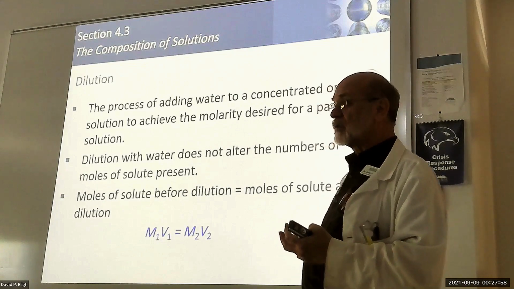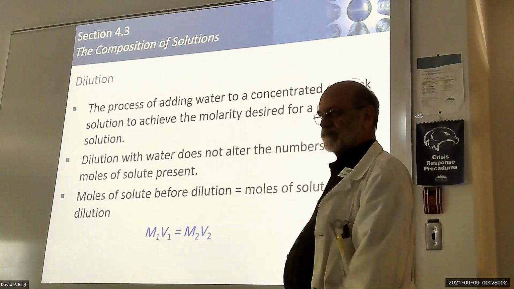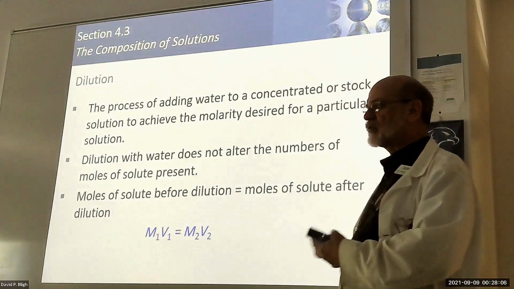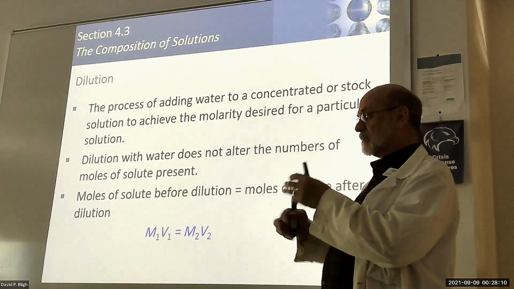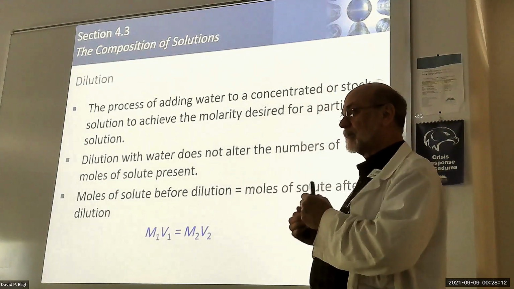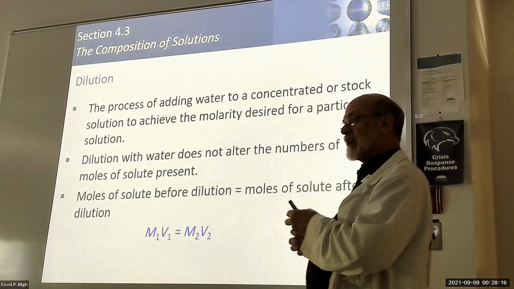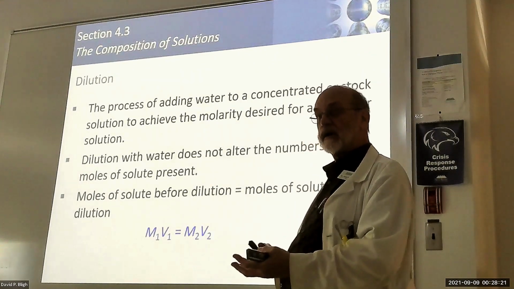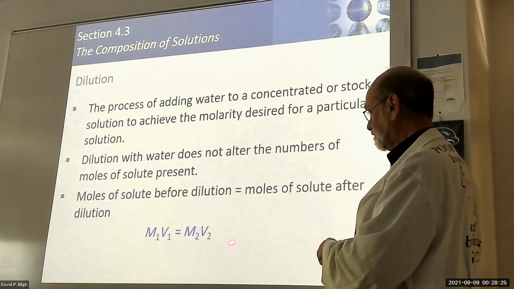And to make up enough solution on the spot would just be too much trouble. So we would make a concentrated stock solution of the correct ratio of ingredients. And then when we got ready to do the analysis, we would take a portion of that and dilute it down to the concentration that we wanted. So this is how you determine it.